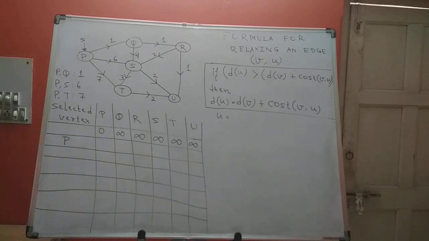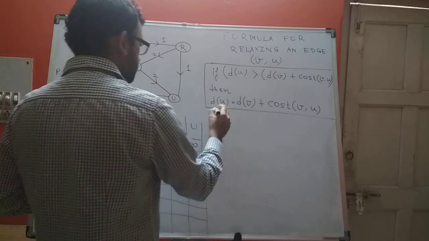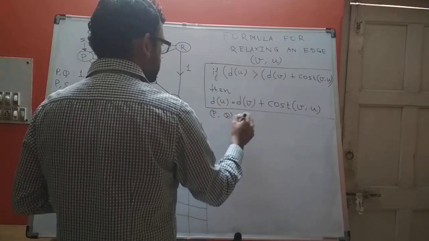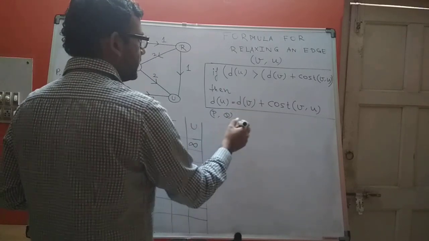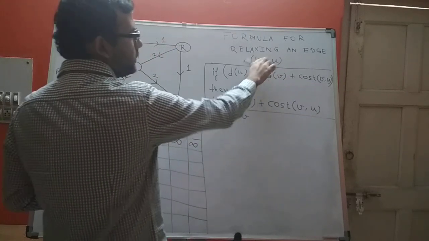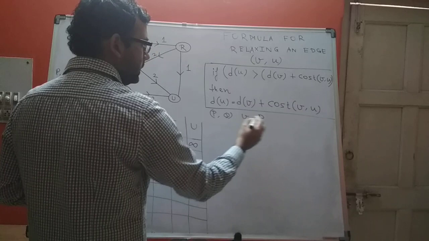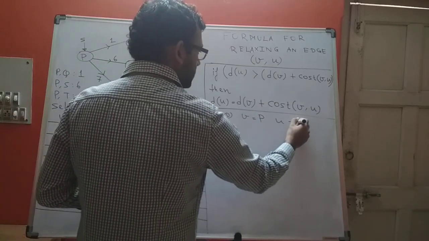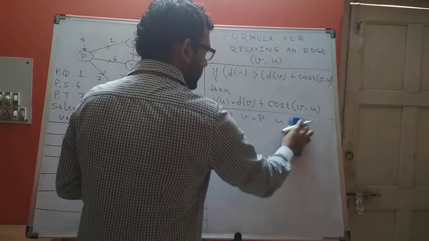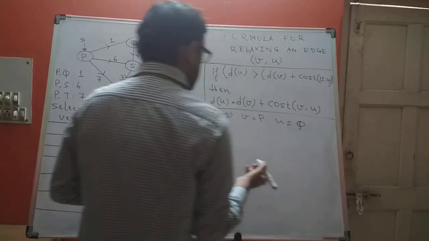I'm trying to relax the edge P comma Q. From this edge I can understand that the order is V comma U. So here V will be P and U will be Q.